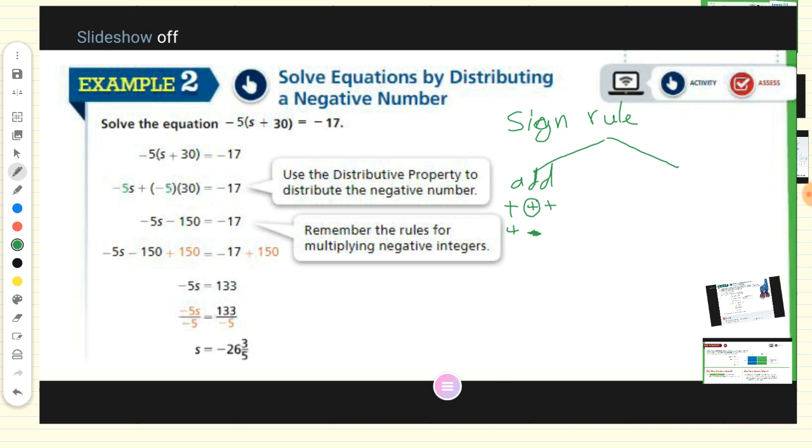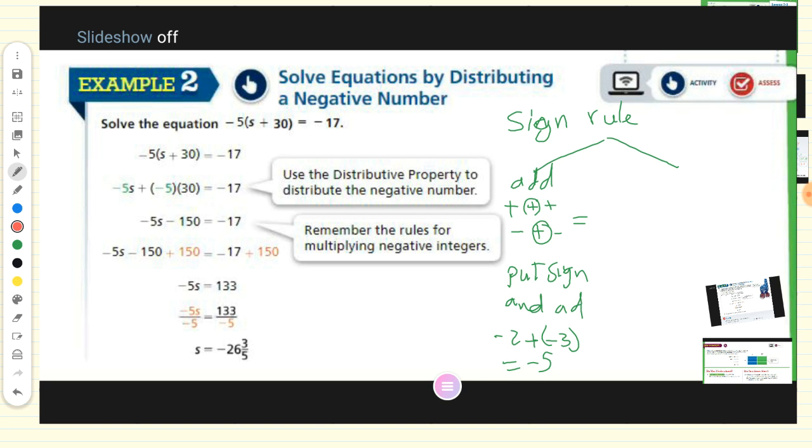Adding the same sign: negative plus negative will equal, put the sign and add. Like what? Negative 2 plus negative 3 will equal, put the sign negative, add 5.